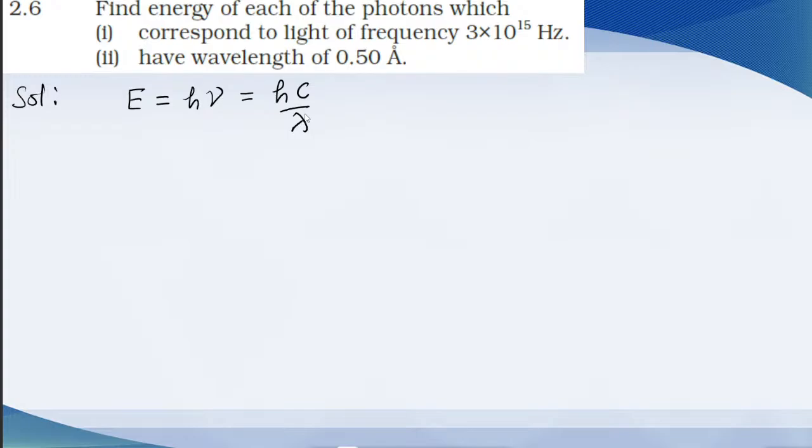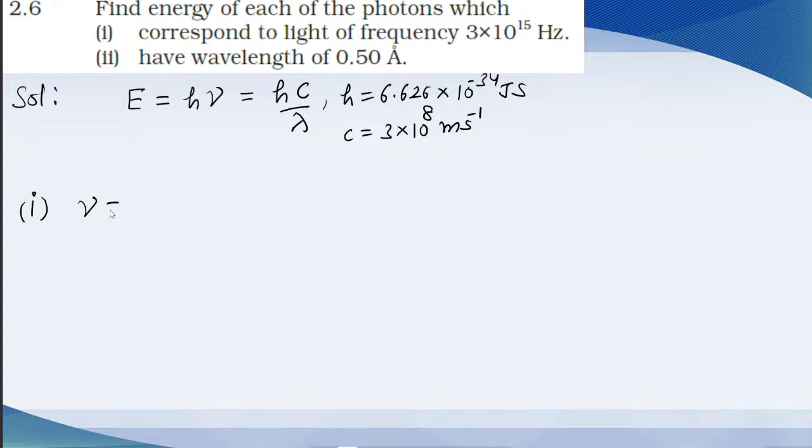In the first case, frequency is given. In the second case, wavelength is given. The value of h we know is 6.626 into 10 raised to power minus 34 joule second, and the value of c is 3 into 10 raised to power 8 meter per second. Let us solve the first part.